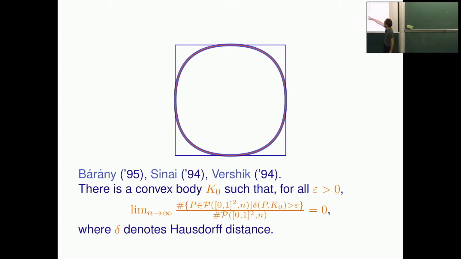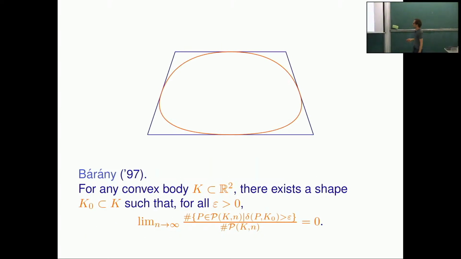Or to put it another way, we can put a narrow band around this limit shape, and be fairly confident that as long as n is large enough, our uniformly random polygon is going to lie inside of that band. Bárány's proof actually applied for any convex body, so it's not restricted to the unit square.